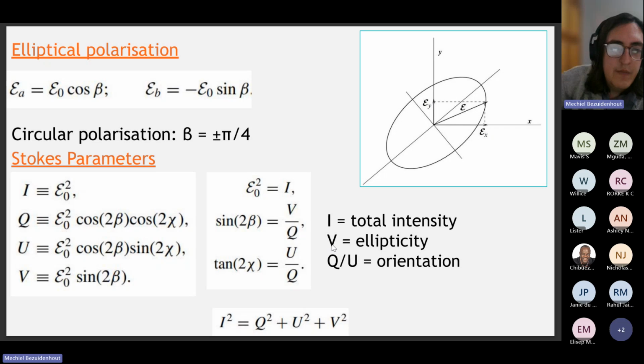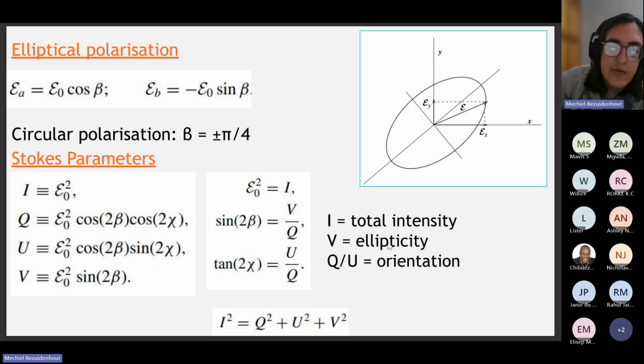The V parameter corresponds to the ellipticity of the polarization plane. So if V is 0, I believe that means that it's entirely linearly polarized.